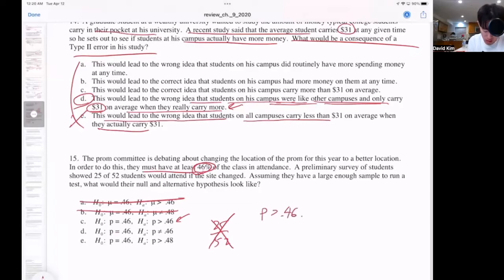So we're not going to be talking about D here because that's a two-tailed test, either greater or less than will do. That's not what we're talking about. E also has the 0.48. I guess they just put that in there to throw you guys off. But remember, these values must always be the same whenever you're declaring the null and the alternative. So 15 should be C.